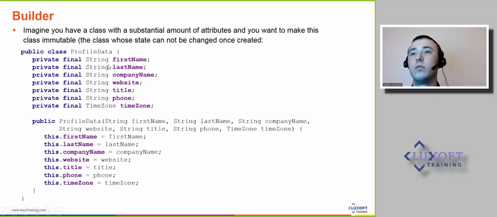So we need to pass like seven strings, but it's more useful to use just a ProfileData object and have an extracted class that will contain all our information about the profile. In our case, it's the ProfileData class that contains our fields.